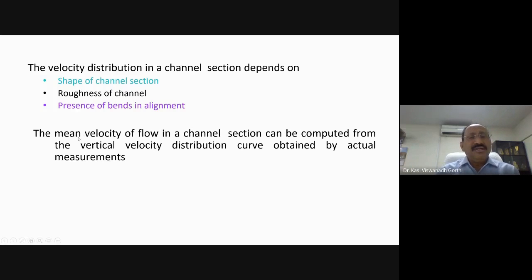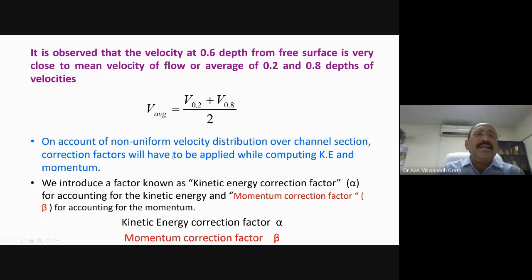So the mean velocity of flow in a channel section can be computed from the vertical velocity distribution curve obtained by the actual measurements. It is also observed that the velocity at a depth of 0.6 y, that means 0.6 times the depth of flow measured from the free surface, is very close to the mean velocity of the flow.